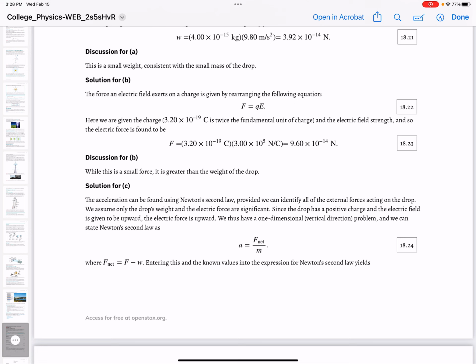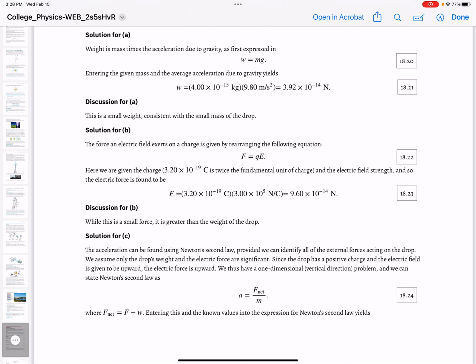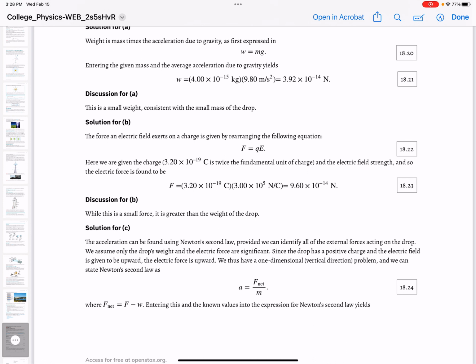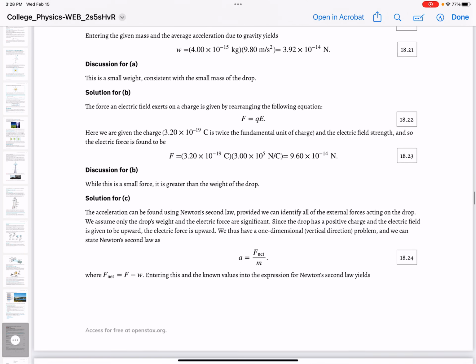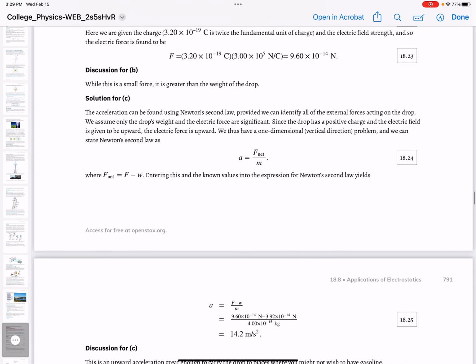So it's a small force, but it's much greater, right, than the drop's weight. So it'll still shoot it up into the air because it's 9.6 compared to 4, more than double. So it will definitely shoot that thing up into the air, and then we can figure out what the acceleration is by taking that net force and dividing it by m.